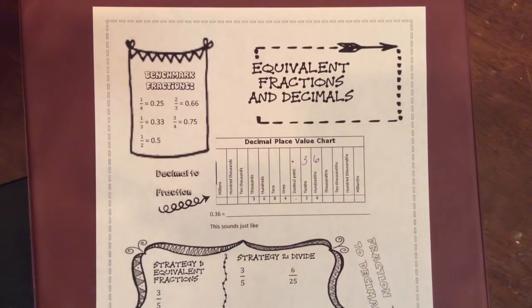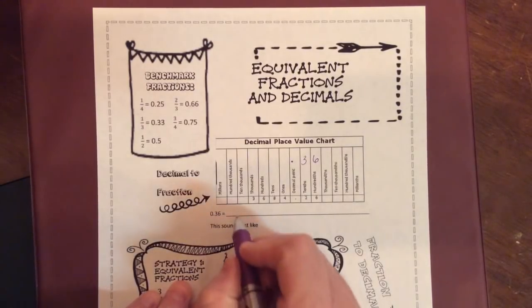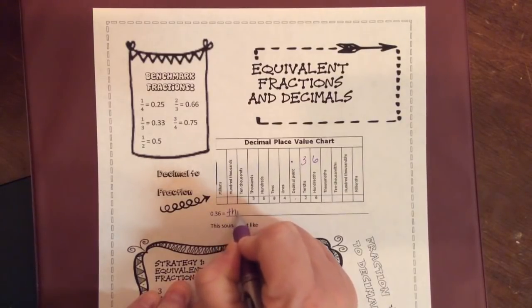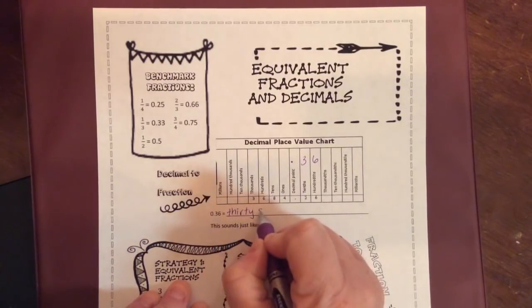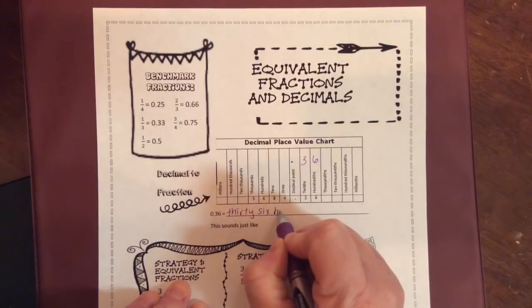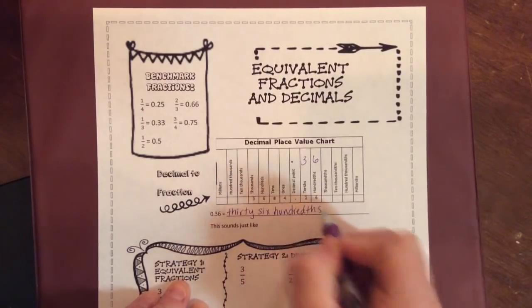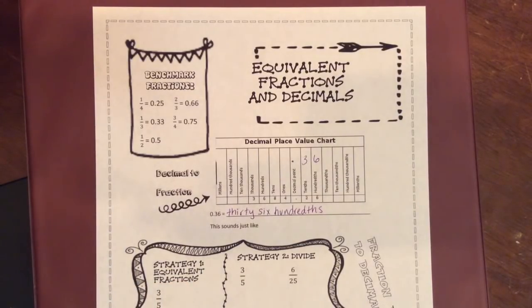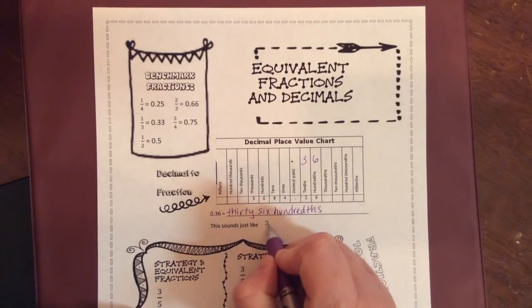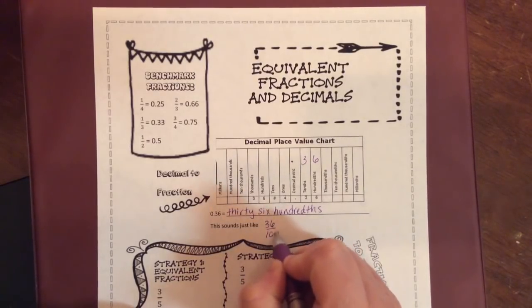So all we do is read it like place value. 0.36 sounds like 36 hundredths. Okay, 36 hundredths. Well, and how do I write 36 hundredths as a fraction? Well, I'll just put my 36 over 100.